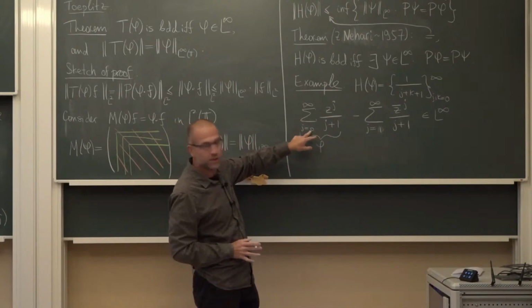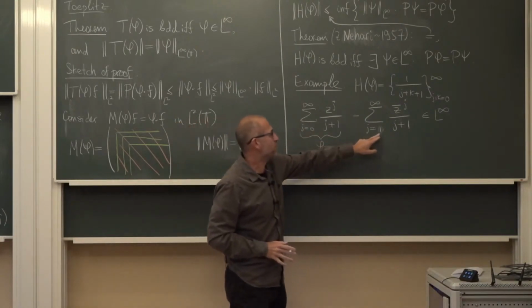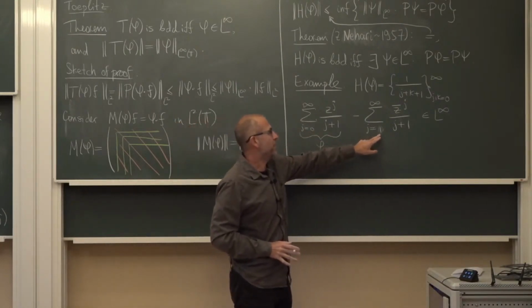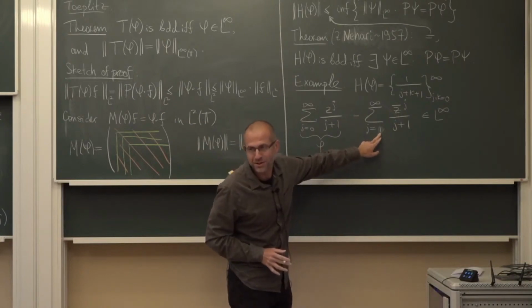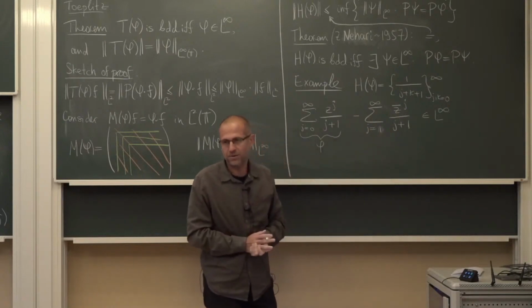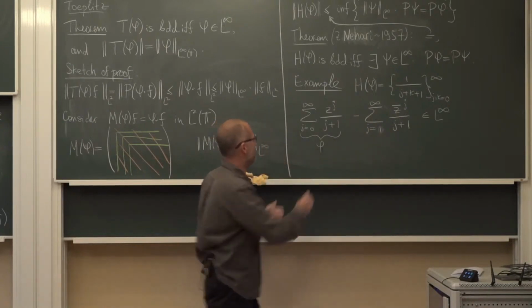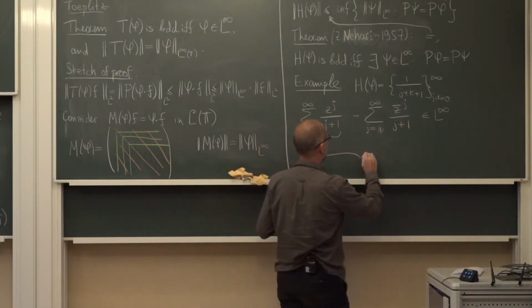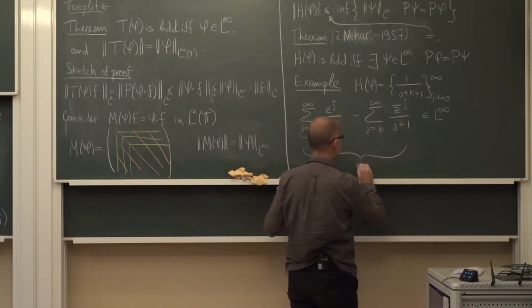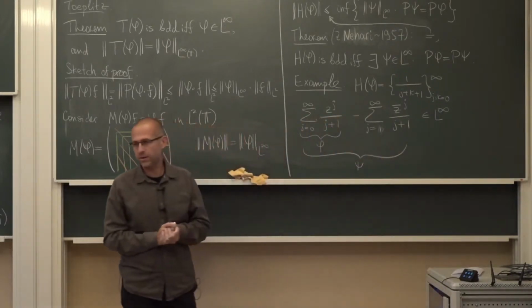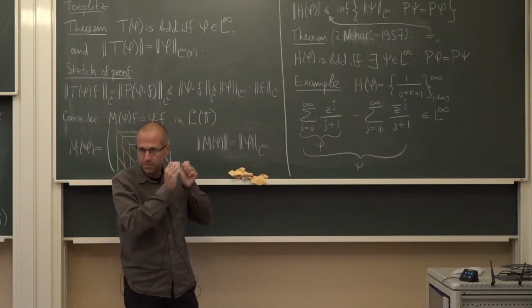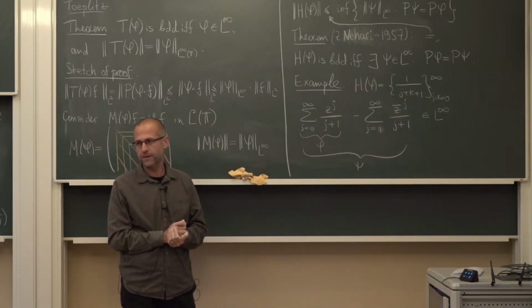I don't want to subtract constants because constants are still analytic. And this whole thing is psi. So this thing is already bounded. Okay, so psi is the bounded symbol of this operator.